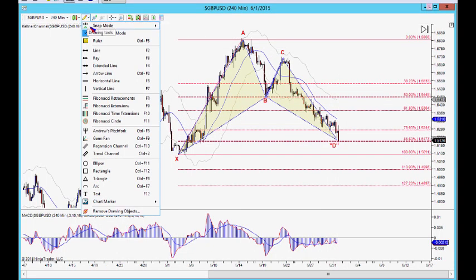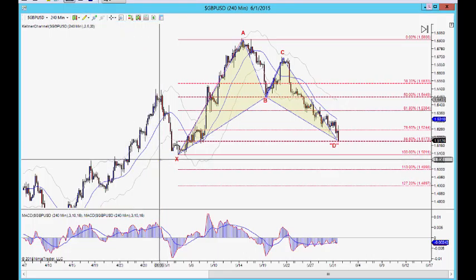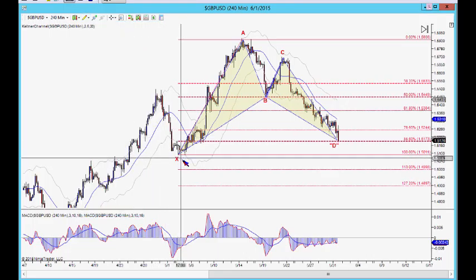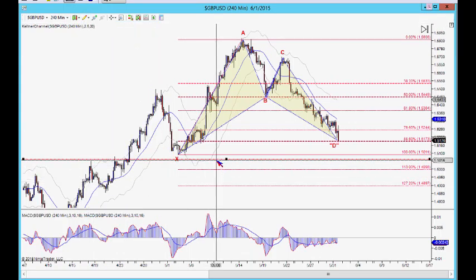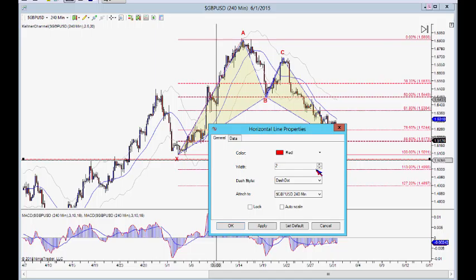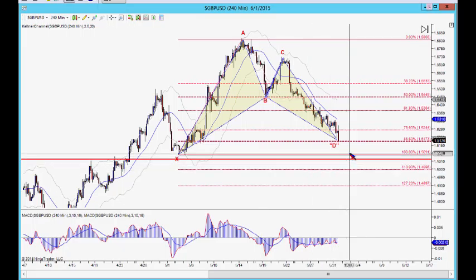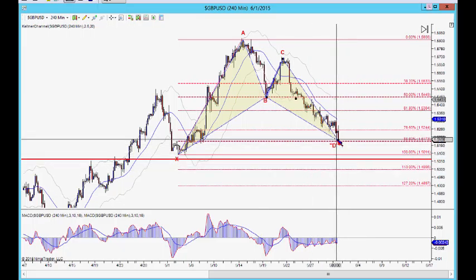Your risk point is going to be down below your X point. So you put it right below your X point. You know, everybody has their own interpretation of where the risk should go. All right, so let's just make this a flat, solid line. So right in here, you're hitting that 886.